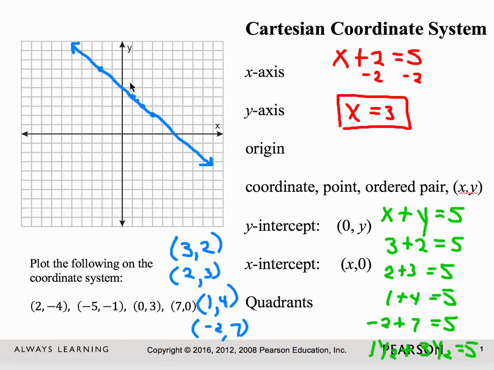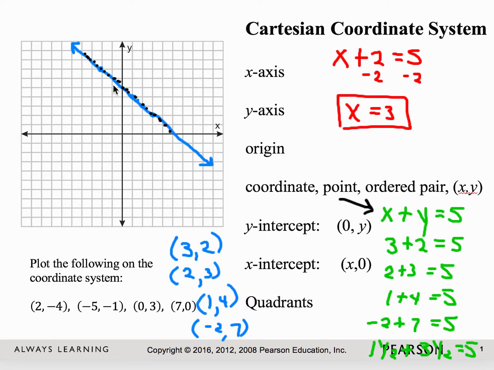It means every single point, every speck on here, look at this one, is a solution. This is the point 0, 1, 2, 3, 4, 5. Plug it in. 0 plus 5 is 5, right? Every single speck on this line is a solution to that equation.